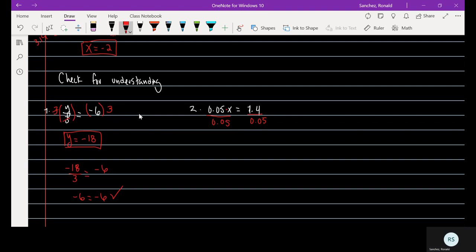So when I divide by 0.05, it simplifies to 1, and I'm left with 1x is equal to, let me use my calculator very quickly, 1.4 divided by 0.05, that will be 28. Yeah, that's it. That is how we solve these problems.